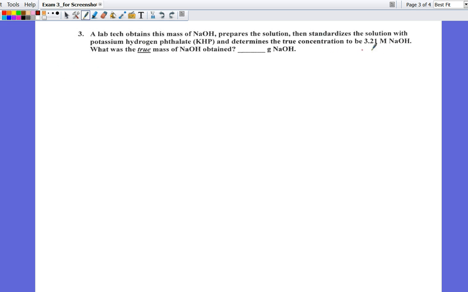In order to get that, this is your exact number you have right here, and you put that with your potassium hydrogen phthalate. So you wanted to figure out what mass of it you truly had to work with. So we'll take a look at that problem.